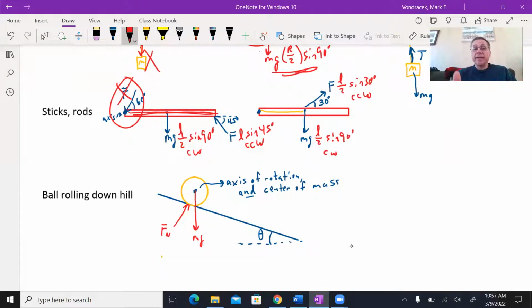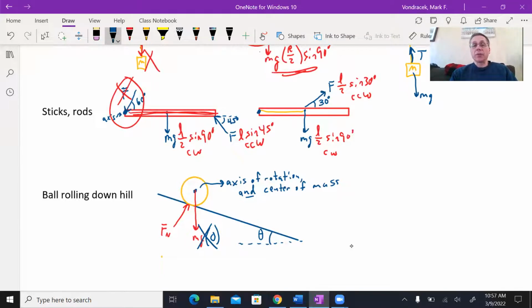So in most cases, the axis of rotation and the center of mass will be at the same location. It's the same point for a ball or a cylinder or a disc or something rolling down a hill. Okay. But notice something with our definition, the weight, well, that's acting right on the axis of rotation.